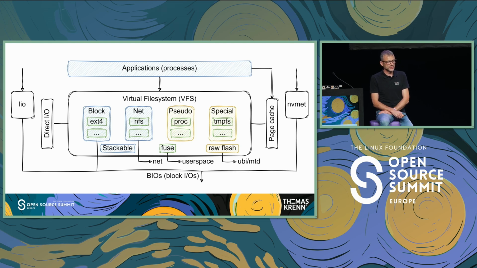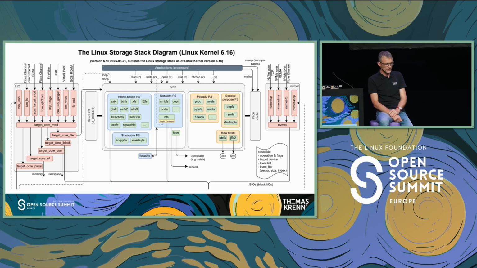In addition to the block way in the virtual file system locally on the system, we can also get access over the network via the Linux I/O target or the NVMe target, for example, and get the block IOs in there and go further down the storage stack. This is just a little more detailed diagram.